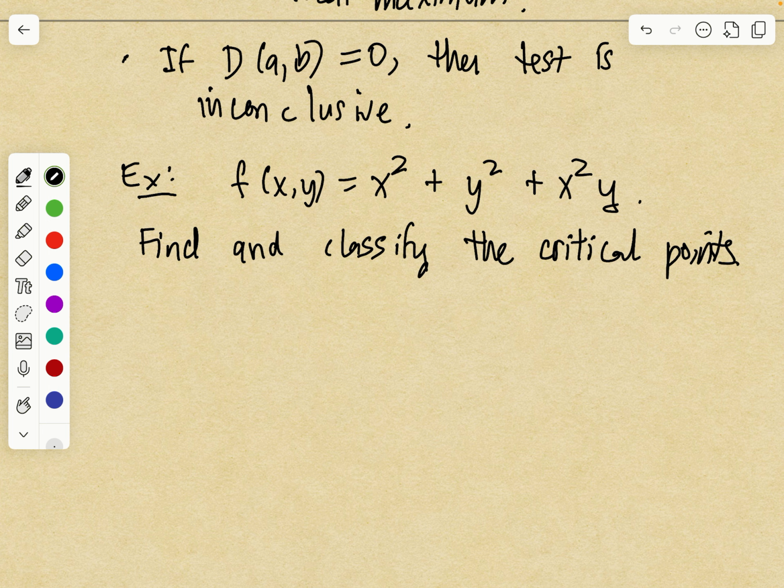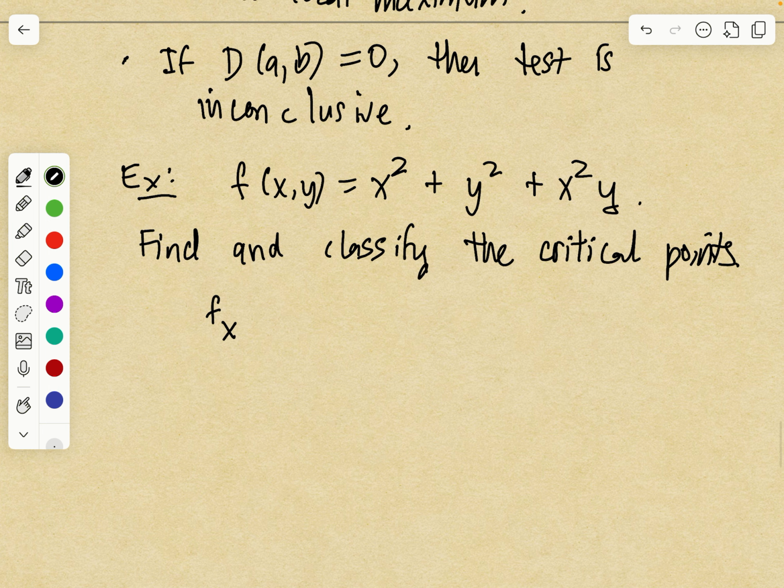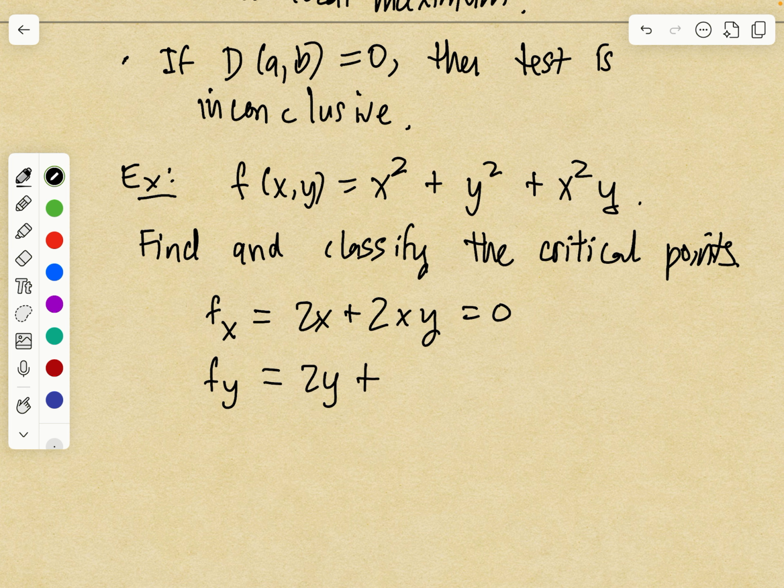So we need to take the partial derivatives and set them equal to 0. So f sub x is going to be what? 2x plus 2xy. You set that equal to 0. f sub y is going to be 2y plus x squared, equal to 0.